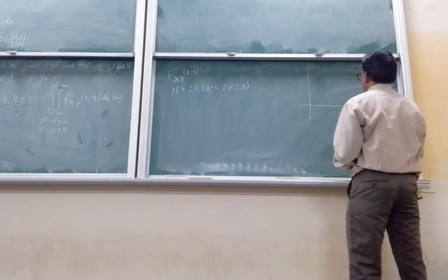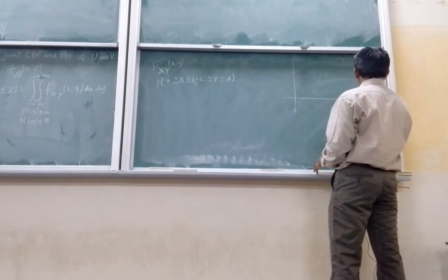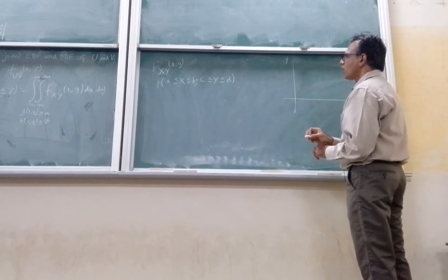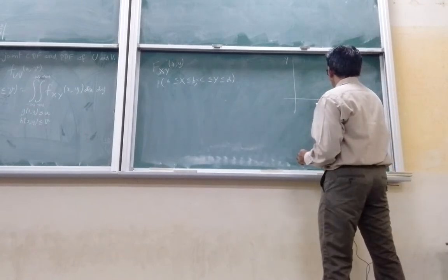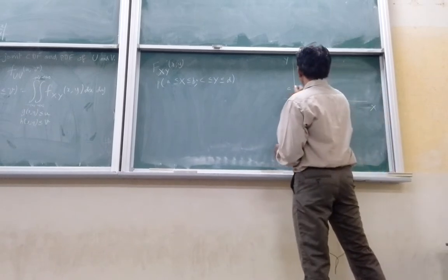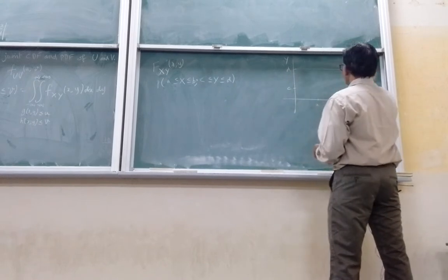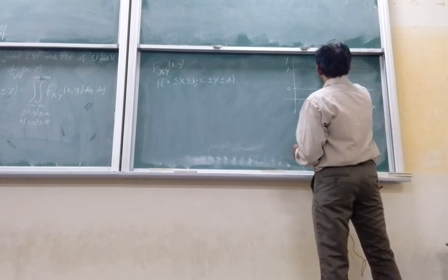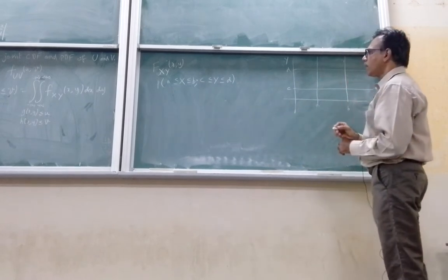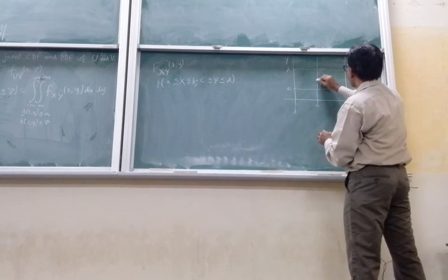So if you look at the xy plane, this is A, this is B, and this is C, this is D. I am looking for this region.